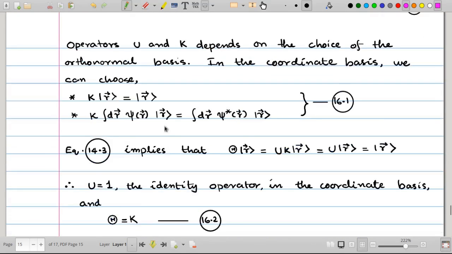And similarly here also the discrete sum has been replaced by an integral over dr because r is a continuously varying parameter, in fact three parameters here. Therefore the action of k on such a linear combination changes the coefficients psi r to their complex conjugates and leaves ket r unchanged.